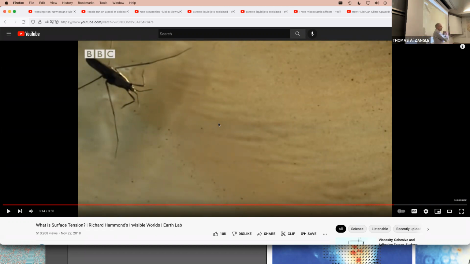Caused by hydrogen bonding between individual water molecules at that surface. And here we can see how this bug, the water strider, can actually use that to basically walk on top of the surface of just ordinary water. And we'll talk about how that can give rise to pressures within a fluid as well.